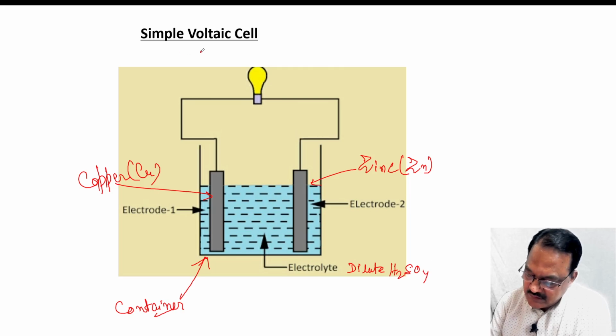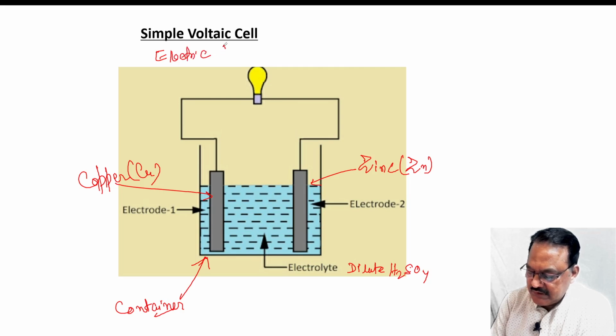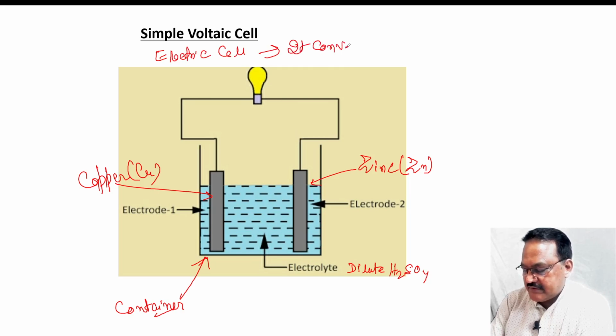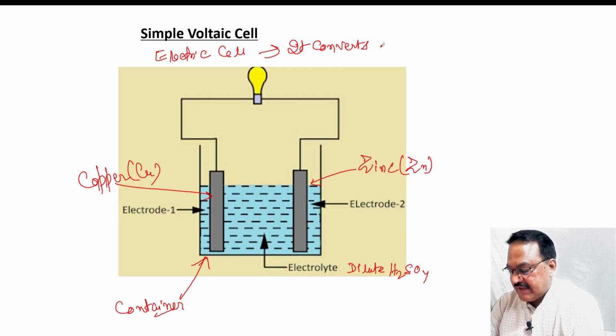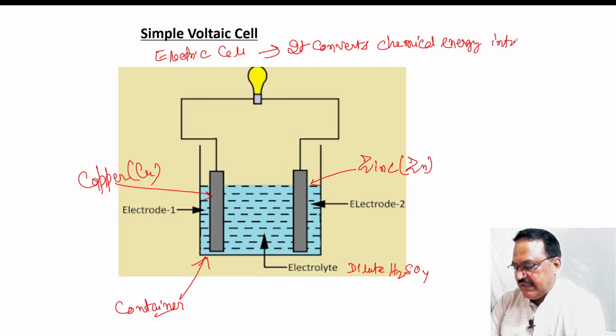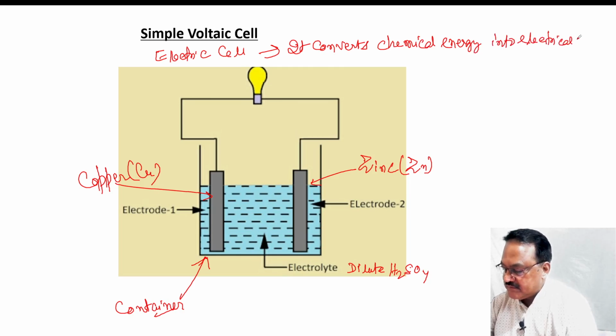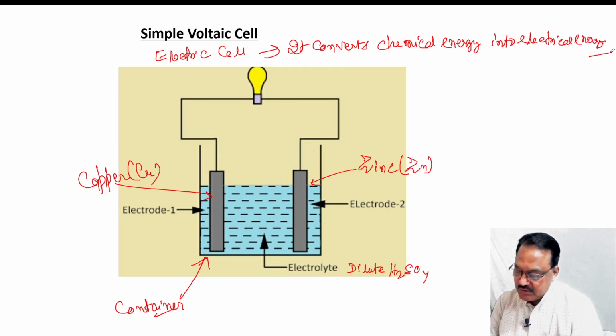A simple electric cell. We can say this is an electric cell. It converts chemical energy into electrical energy. This is the basic purpose of this cell. And how does it do that? How is it converting chemical energy into electrical energy?